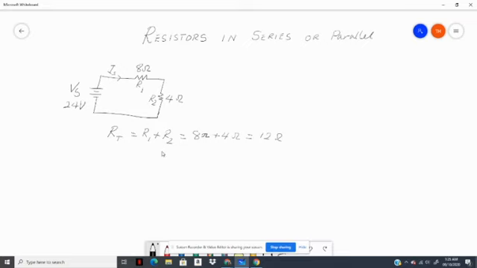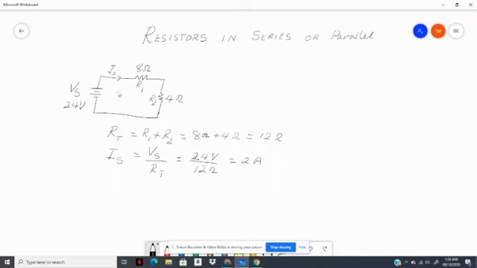Now, using Ohm's law, we can write that the I supply is equal to the V supply divided by the total resistance, which is equal to 24 volts divided by 12 ohms, which is equal to 2 amperes.